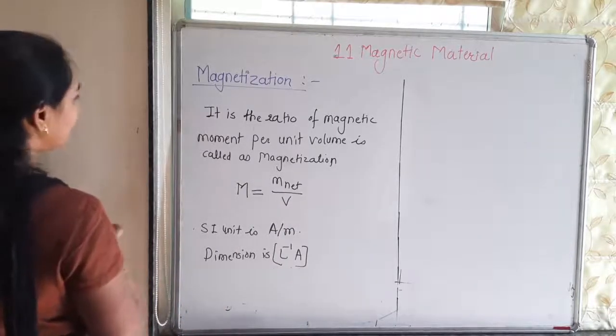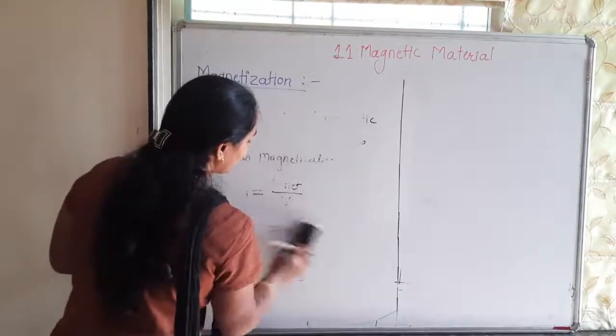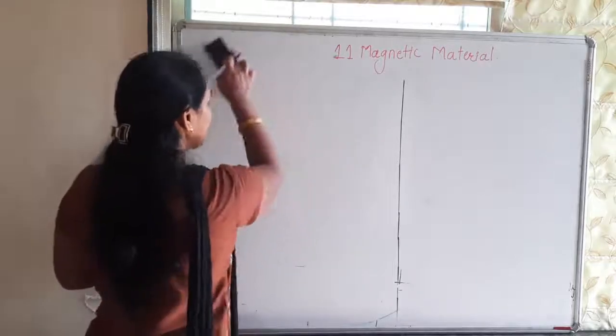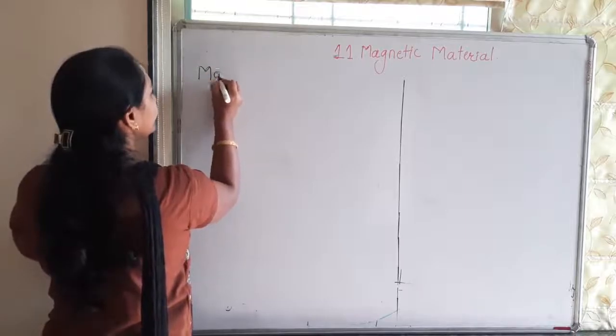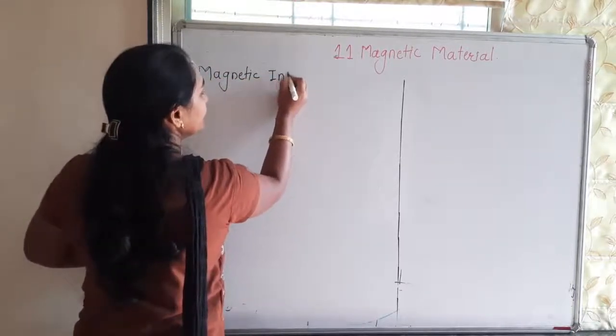The next point we consider is the magnetic intensity.